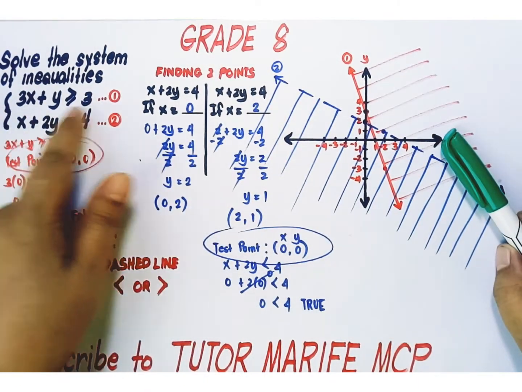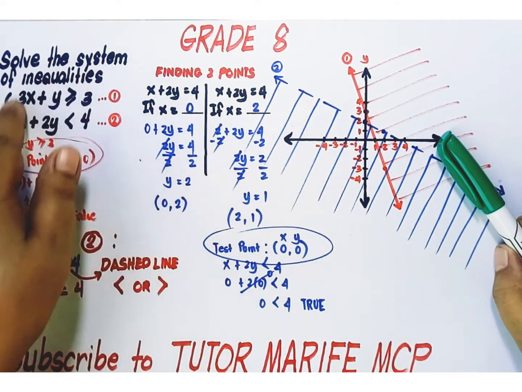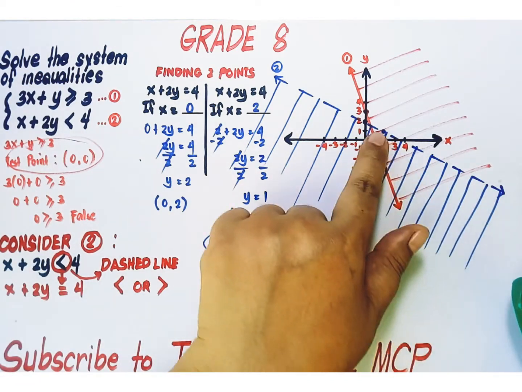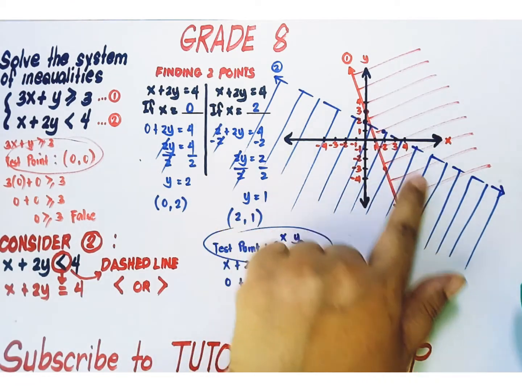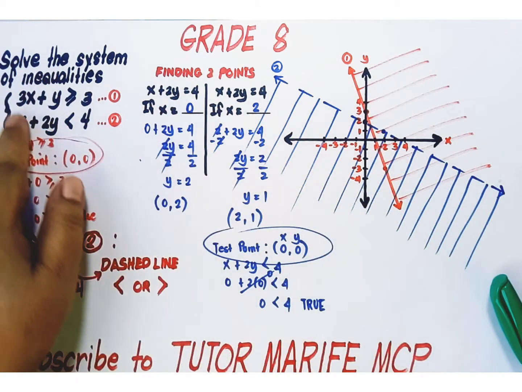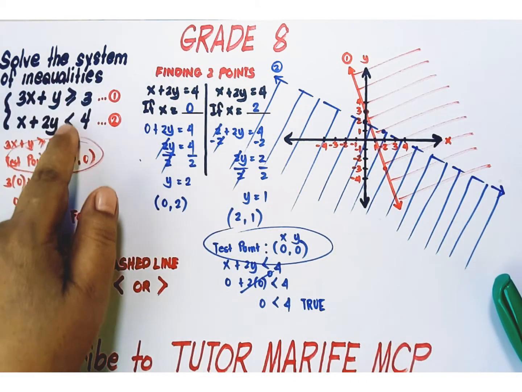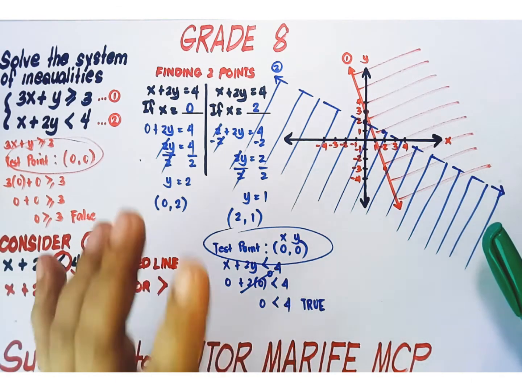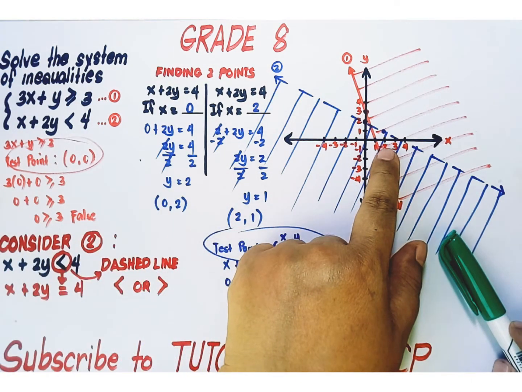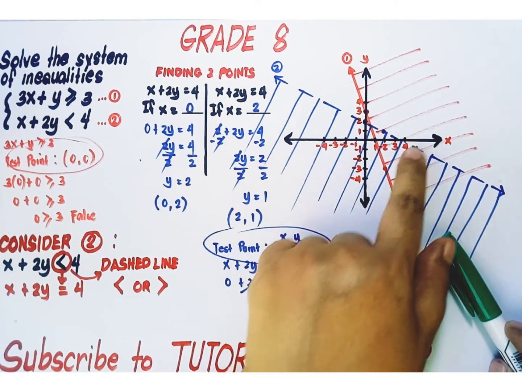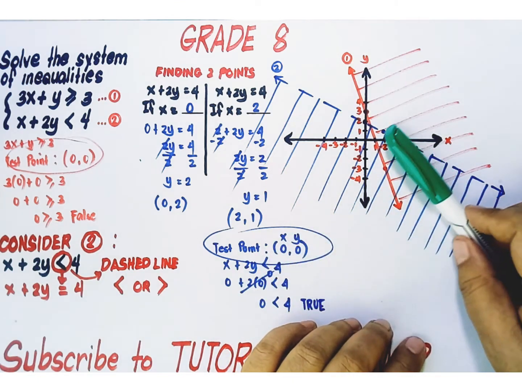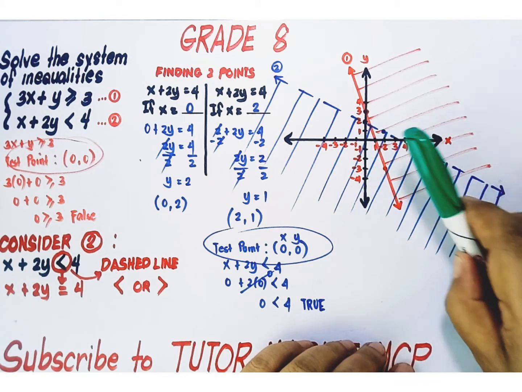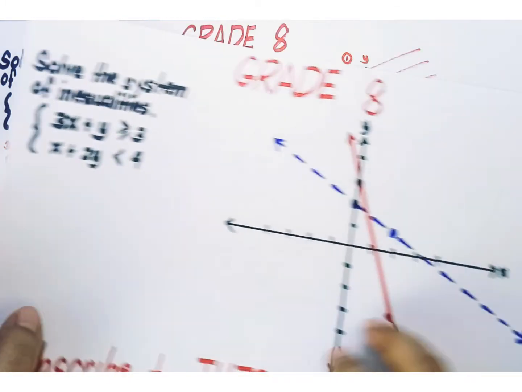After graphing each of the inequalities in the given system, we can now see the intersection region, which contains all the ordered pairs that satisfy both the inequalities in the system. The intersection region is where the red lines and the blue lines overlap. I'll show you the intersection region of the given system.